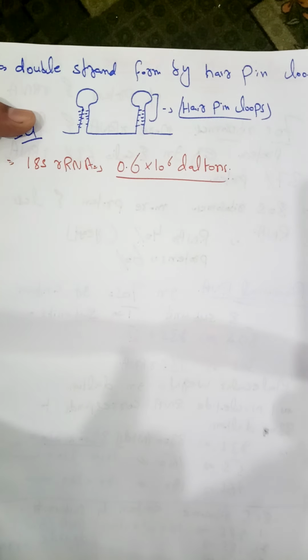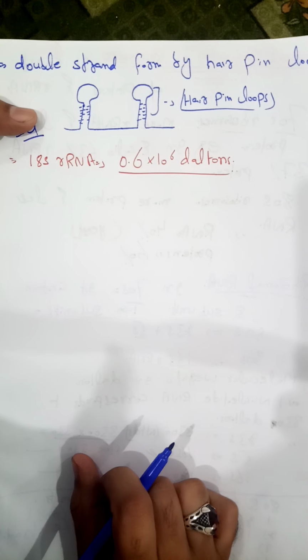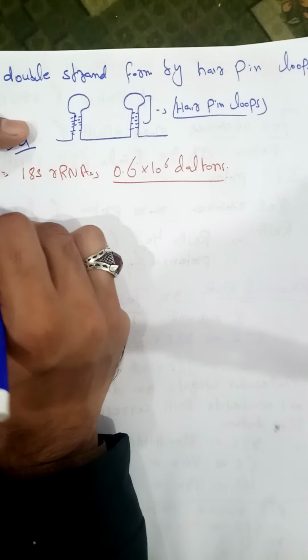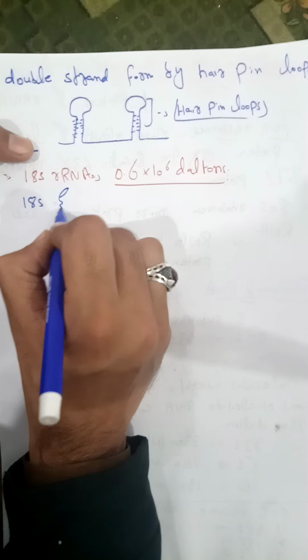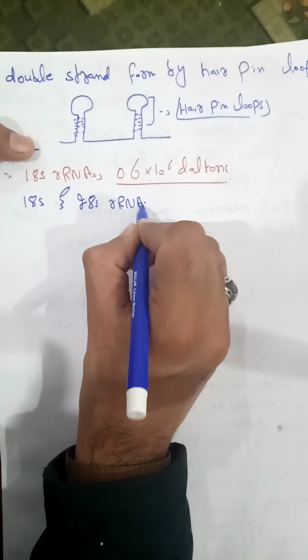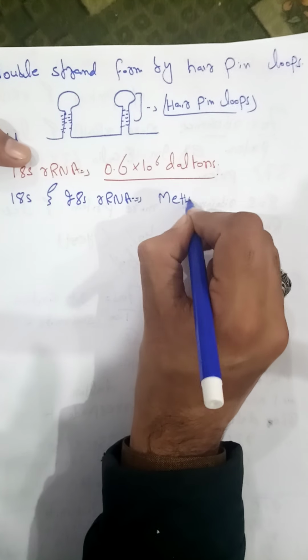Now the other point: the 18S and 28S ribosomal RNA also contain methyl groups. Their characteristic feature is that they contain methyl groups.